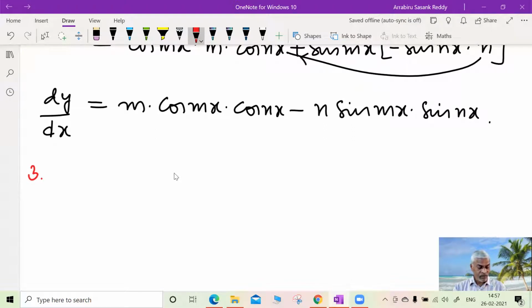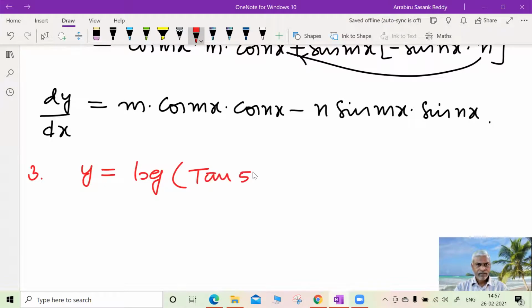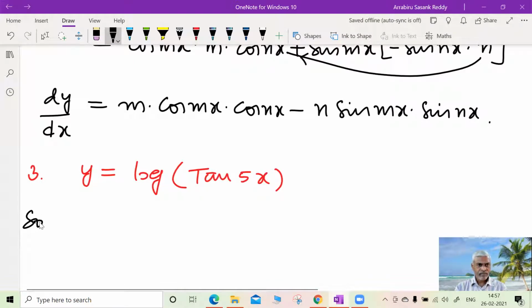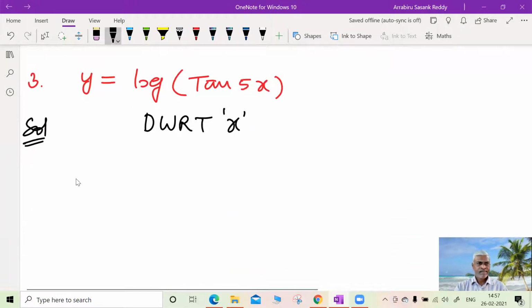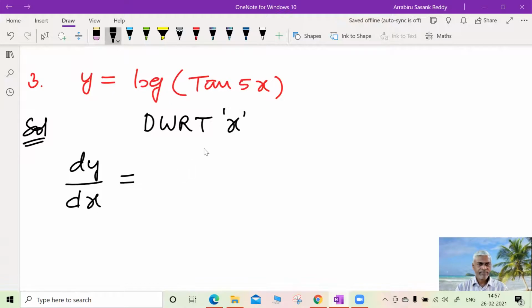Y is equal to log of tan 5x. So differentiating with respect to x, this is dy by dx.